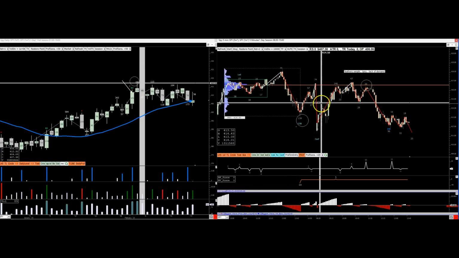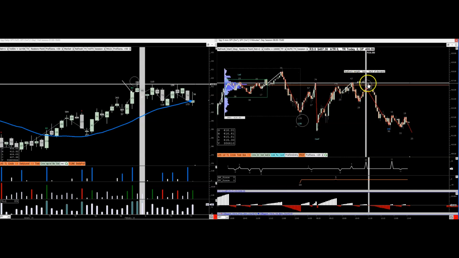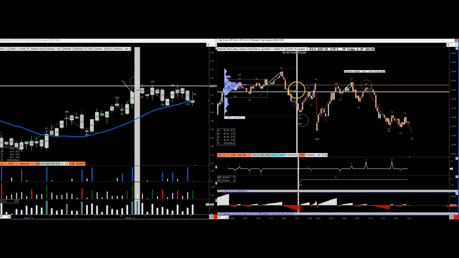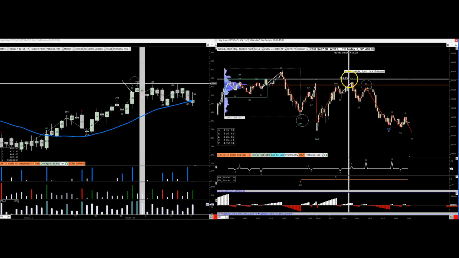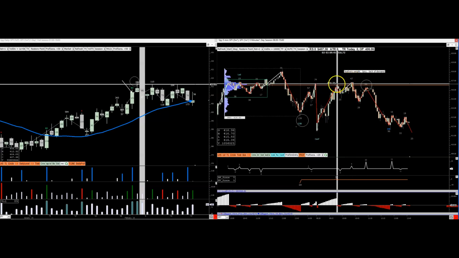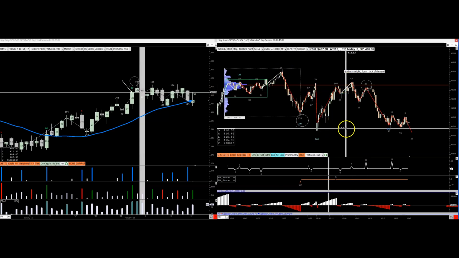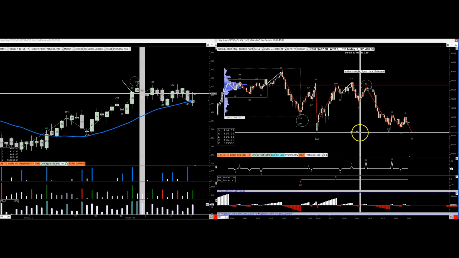So 1, 2, 3, 4, 5, 6, about 7. All right, so you see how low that volume is, relatively speaking, when compared to the volume on the other up waves. There's your weakness.